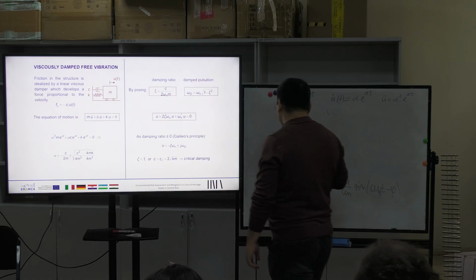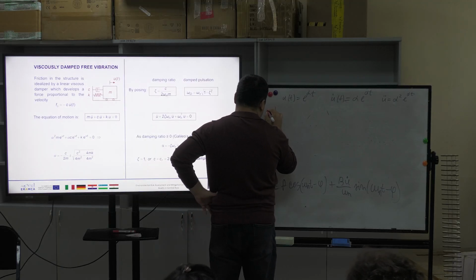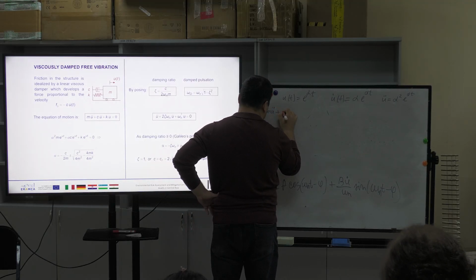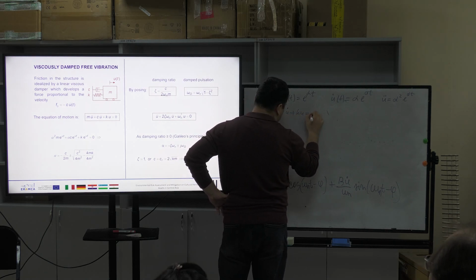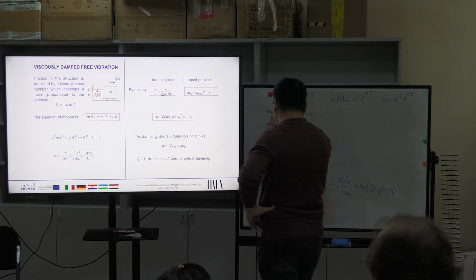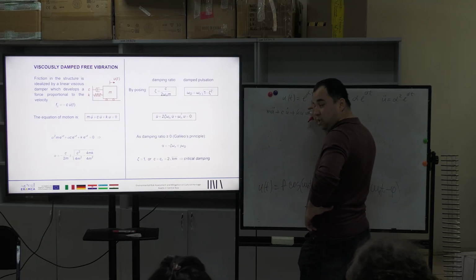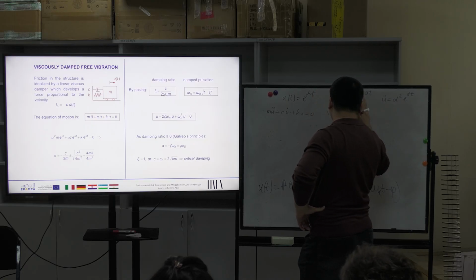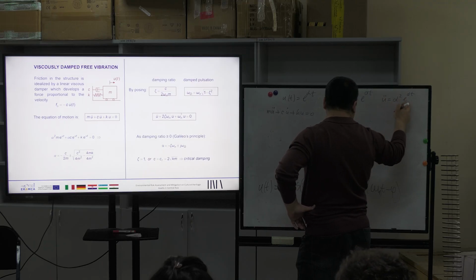Okay? Our formulation with the viscosity coefficient is m u dot dot plus c u dot plus k u is equal to 0, yes? Instead of u, I will put e to the alpha t, and instead of u dot, I will put alpha e to the alpha t, and instead of u dot dot, alpha square e to the alpha t.